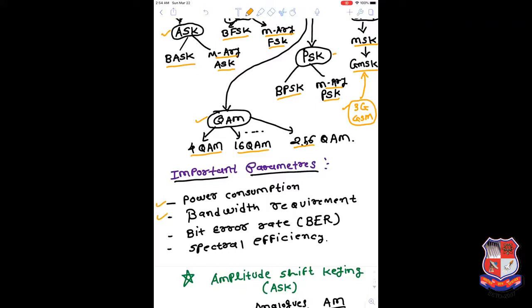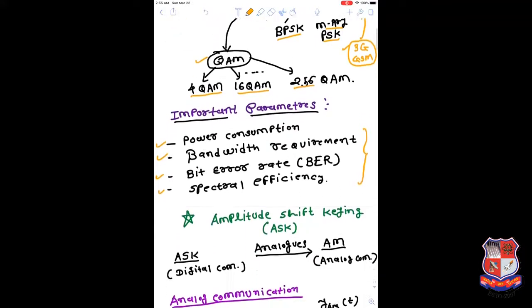The bit error rate performance is also a very important parameter, and the scheme which has a lower bit error rate is considered a good scheme. Then we will learn about the spectral efficiency of various modulation schemes. So these are the 4 parameters, and each and every modulation scheme can be justified according to these parameters.